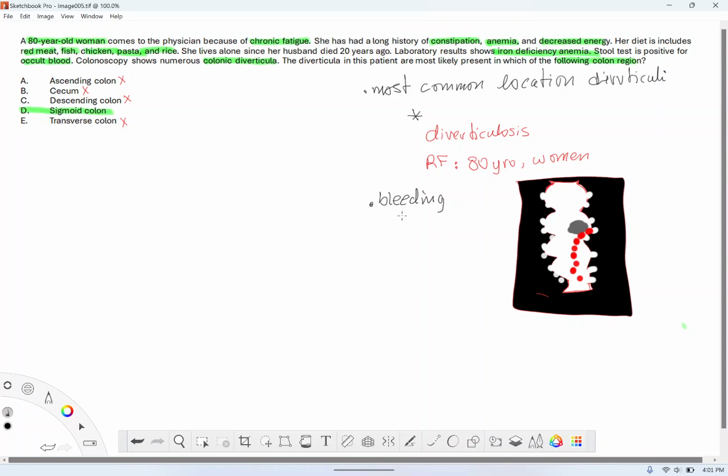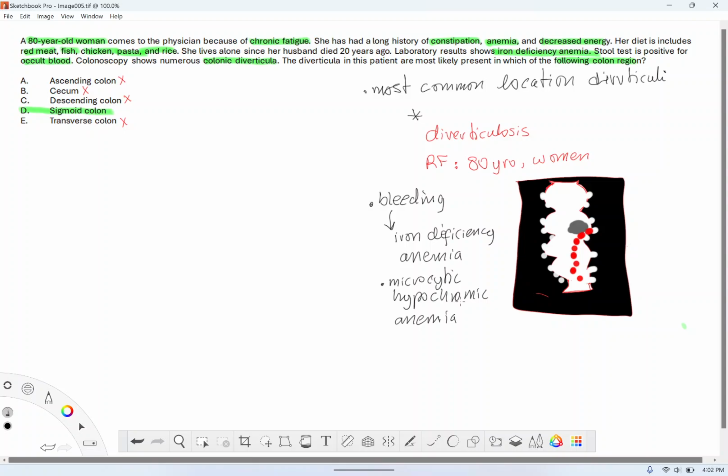Lower GI bleed. If it's bleeding, that means low iron, so this leads to iron deficiency anemia. Iron deficiency anemia on peripheral smear is always microcytic, hypochromic red blood cells, or you can call it anemia.